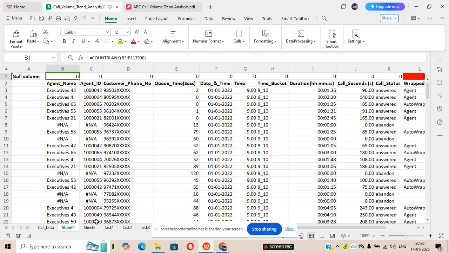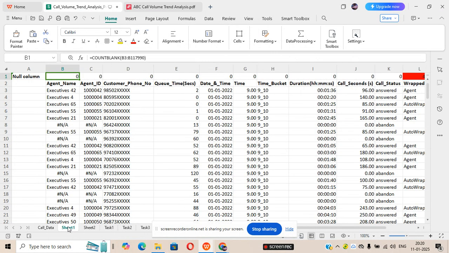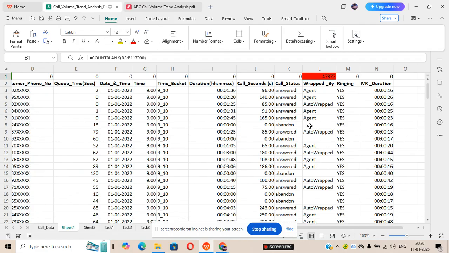The second task I did was handling the null cells. The abandoned calls were not answered by an agent, so because of the abandoned call status we don't have the wrapped by cell value.